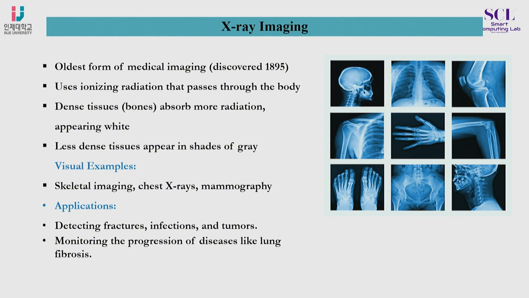And less dense tissues appear darker. Examples are skeletal imaging, chest X-rays, and mammography. Applications are detecting fractures, infections, and tumors. For example, for bone fracture, we use X-ray imaging, and for pneumonia or COVID kinds of things, we use X-ray imaging.